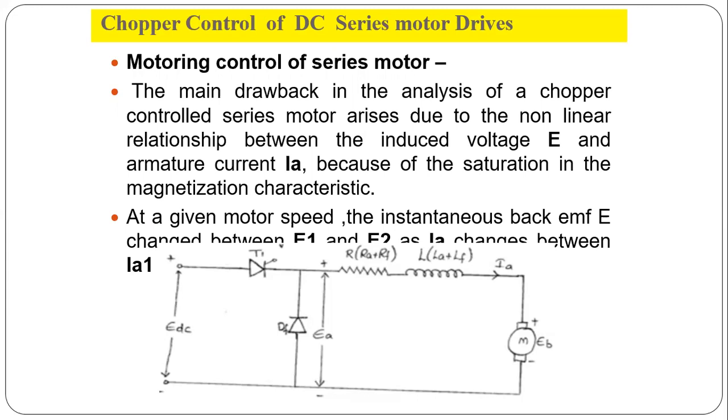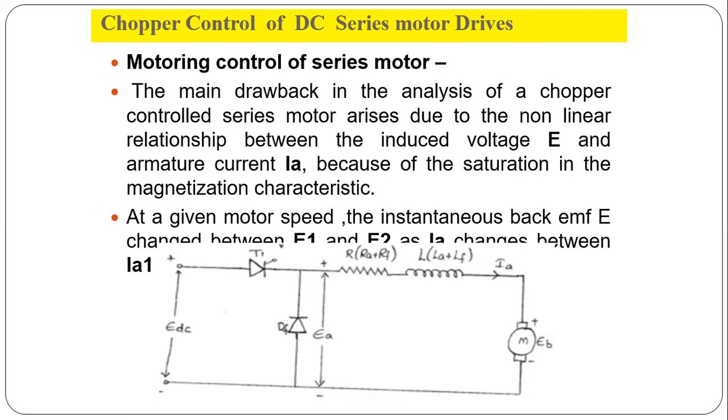Here you can see the motoring control of series motor. In that diagram we are using the series motor, that means the armature and field winding are connected in series.